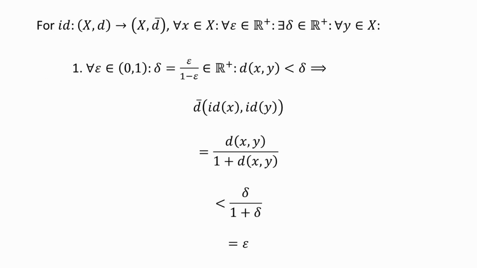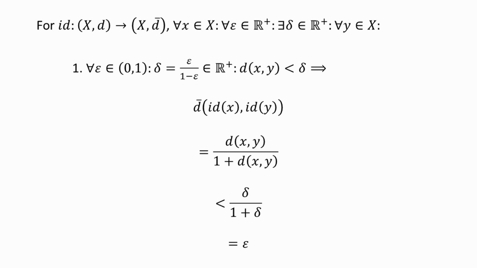So now we are going to show that the identity map and its inverse, both of them are continuous. For the identity map from (X, d) to (X, d bar), for all x in X and for all epsilon in R+, there exists delta in R+, such that for all y in X, we have the first case, for all epsilon from 0, not including 0, to 1, not including 1.